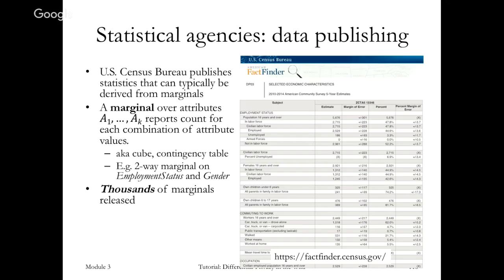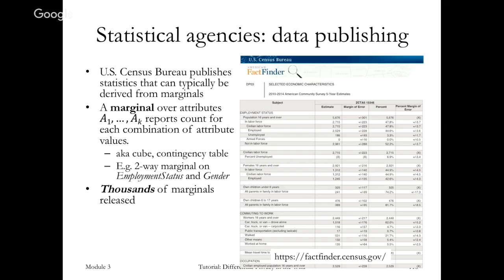Another example is the US Census. They collect a lot of data about people living in the US, and they publish a ton of statistics, which you can think of as a collection of counting queries. In particular, they publish a lot of marginals. A marginal over a collection of attributes, say A1 through AK, reports the count for each combination of attribute values, okay?